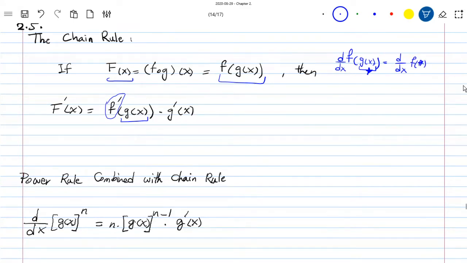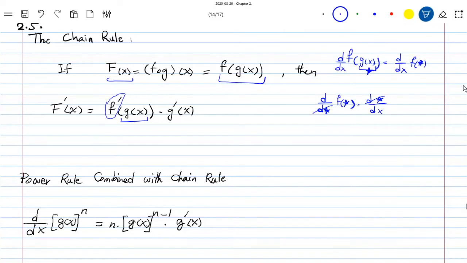Instead of taking the derivative with respect to x, I can take the derivative with respect to star of f of star and then multiply it by the derivative of star with respect to x. And what happens is these two will cancel out. This is not proof or anything. This is just generally what comes out.